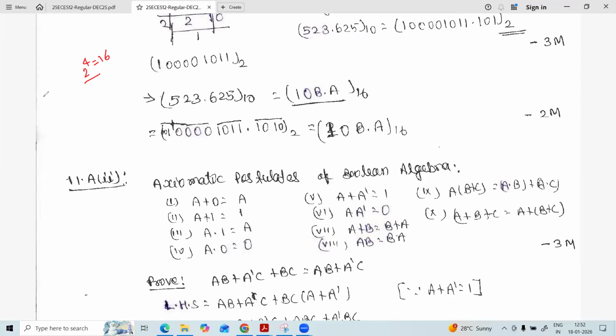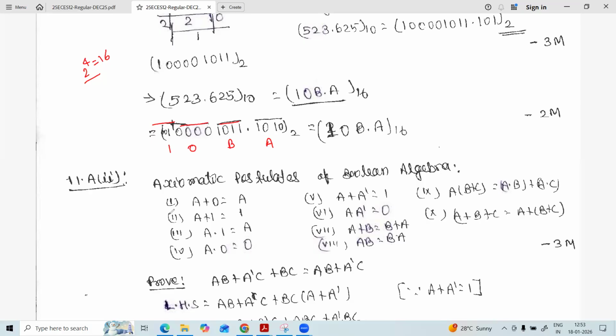That's why 4 bits are required. From the decimal point, on the left side and the right side, you make the groups. Finally, this is 1, this is 0, this is 11 that is equal to B in hexadecimal, and this is 10 that is equivalent to A. So the answer is 10B.A.